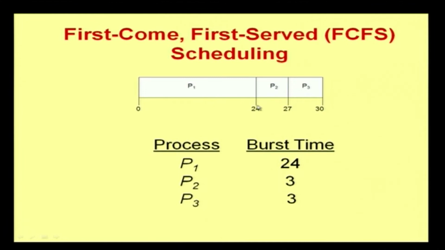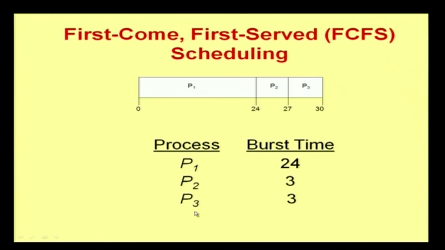Already the CPU has scheduled 24 milliseconds for P1, so P2 should wait 24 milliseconds for the first process to complete. Until then, P2 will be in the queue. Then P2 will be given 3 milliseconds. So 24 plus 3 becomes 27.